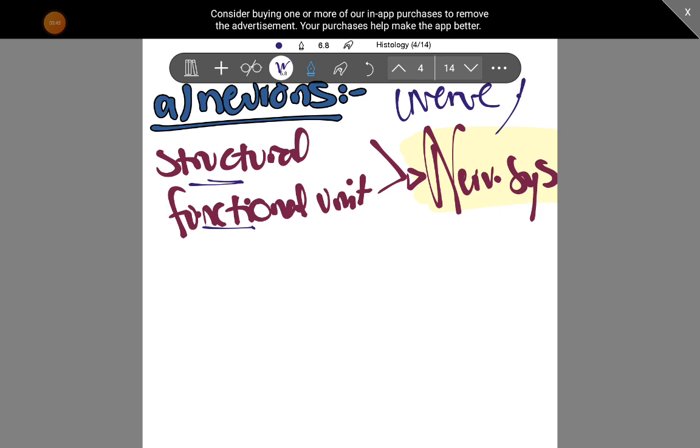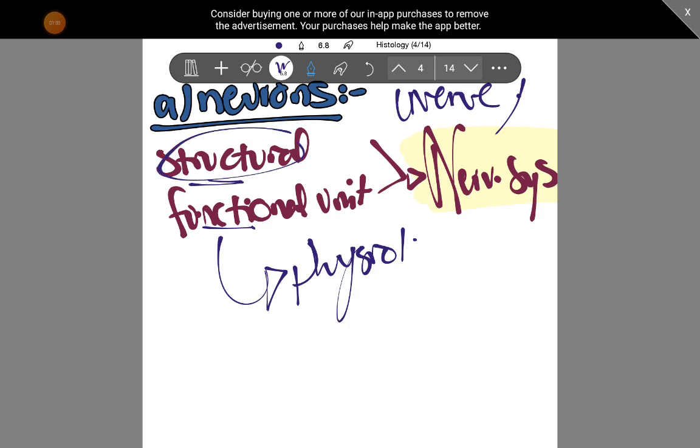They're the functional unit as they do the physiological function, which is the transmission of impulses and signals to the CNS, away from the CNS, or in between the neurons. So a lot of neurons together form the CNS, and they're the functional unit as well, as they do the transmission of the impulses.